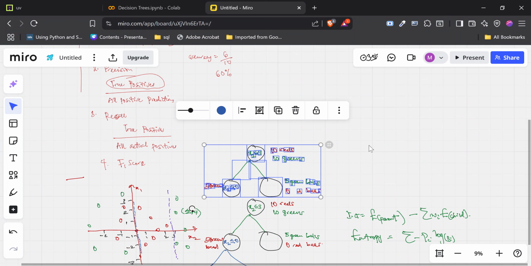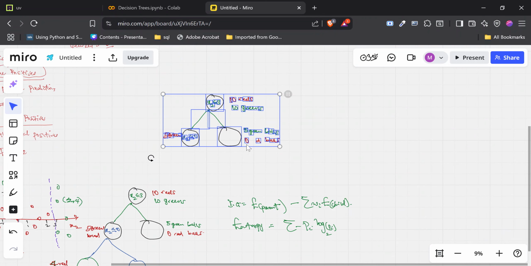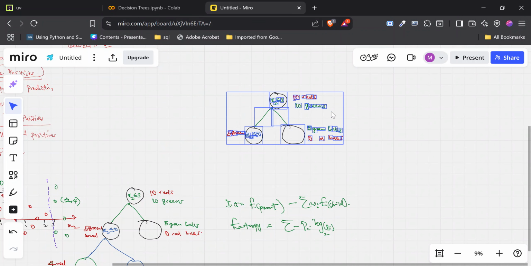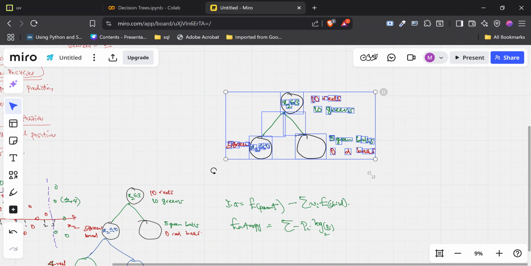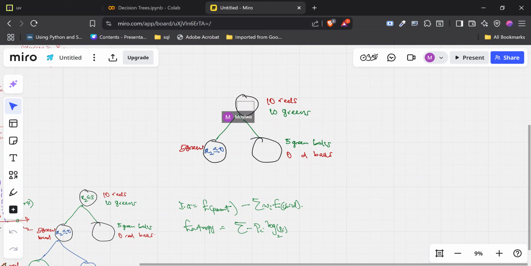I'm going to put it around the top here and make it bigger. At the top we have a split, but instead of just going with this particular one alone, we are going to be going with two. So I'm going to write it outside: x2 less than or equals to 3.